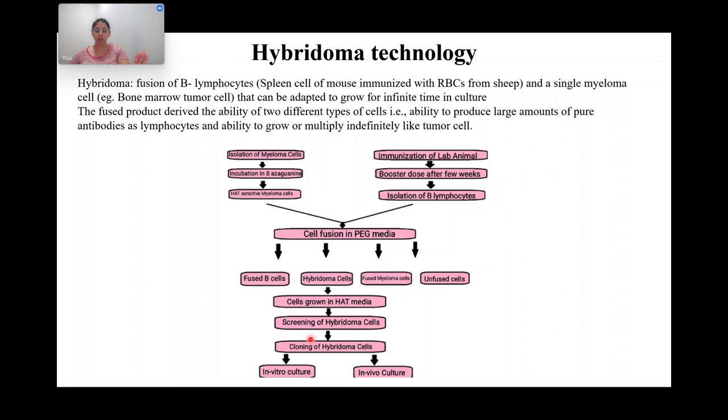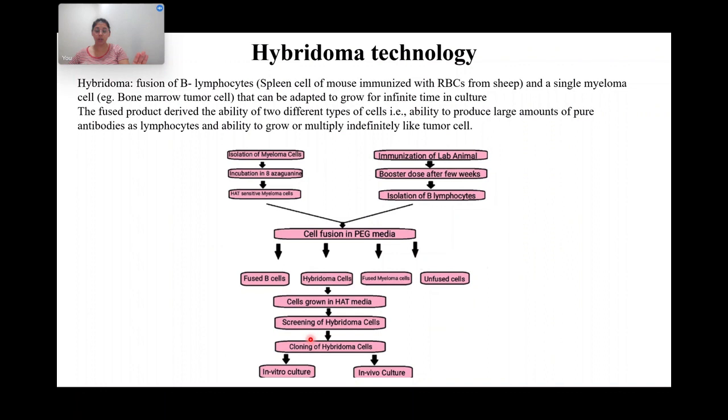While the B lymphocytes have been harvested from the animal that was already injected with the antigen that we need. So the B lymphocyte will be able to produce antibody specific to that antigen with the required epitope. Okay. So you have these two products and then you fuse them.